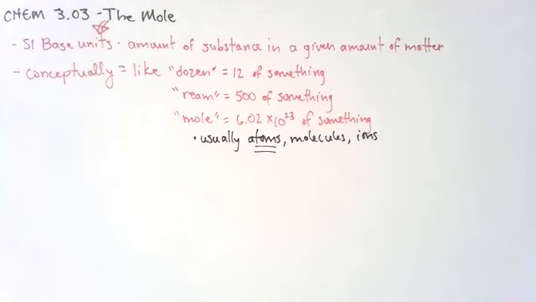If I set a program and told a computer to count, and you think about how fast a computer works, it would take 25 million years for a computer to count to 6.02 times 10 to the 23rd. Let me say that again. It would take 25 million years for a computer to count that high.